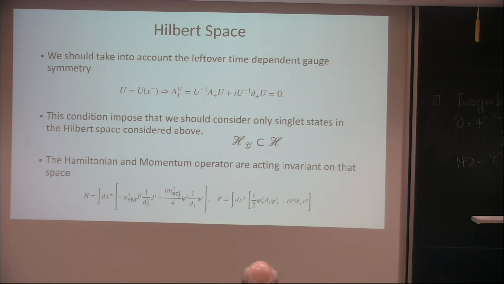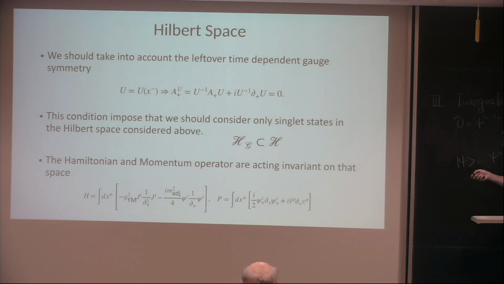Because if I set A plus to 0, I can make a gauge transformation that does not depend on the spatial coordinate x plus, and it will keep my gauge the same. So we need to get rid of this leftover gauge transformation that acts just like a global symmetry in this Hilbert space.